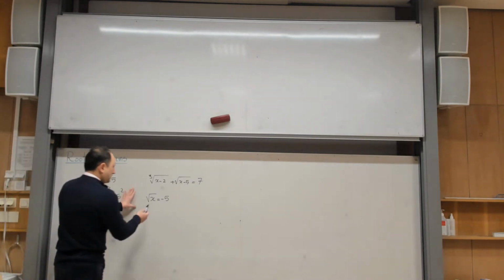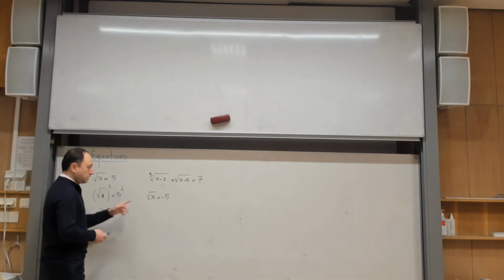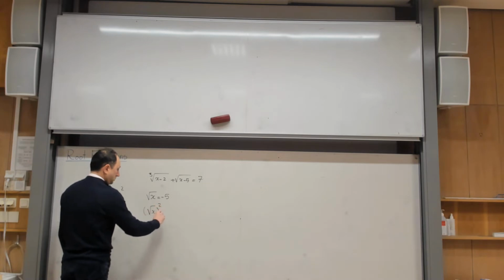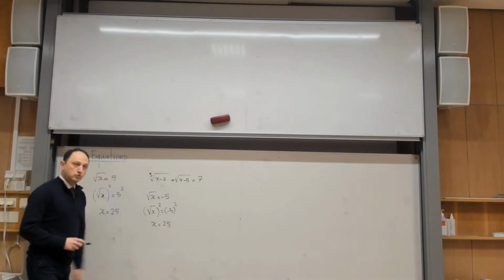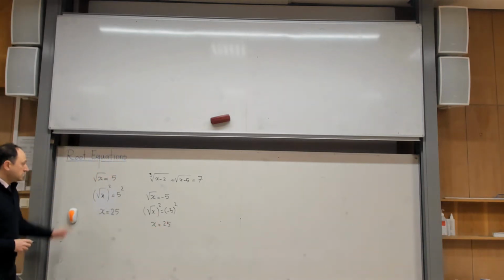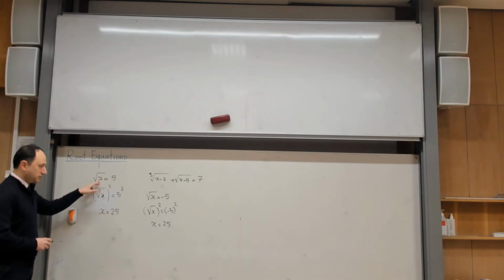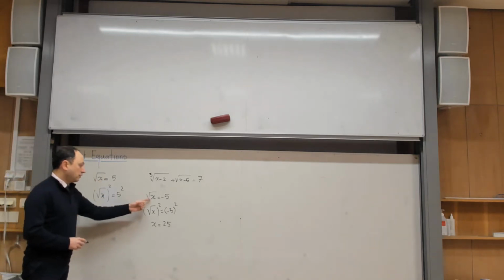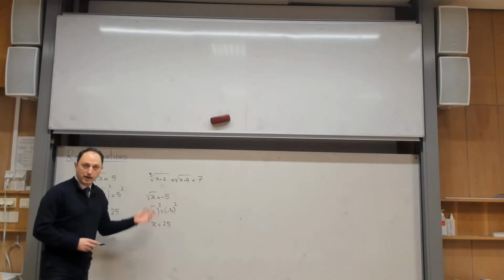But if you naively apply this strategy to get rid of the root sign, this becomes x again, this becomes 25. So you will get 25. When I start from this one, I get 25, which is the correct answer. But if I follow the same strategy to solve this one, I get 25 again, which is a wrong answer. This is not the answer for this.